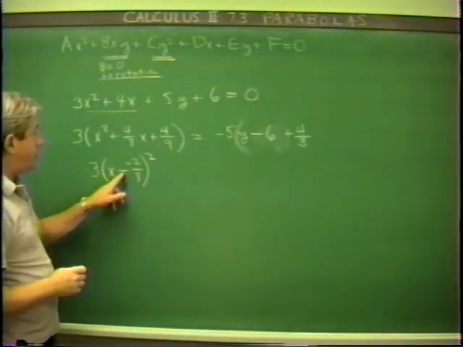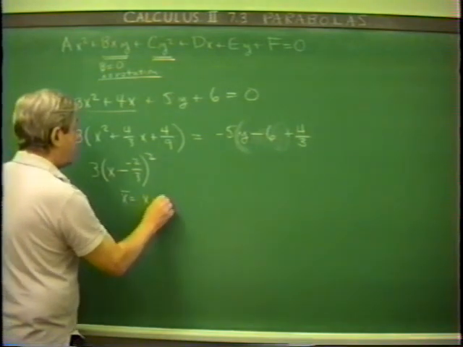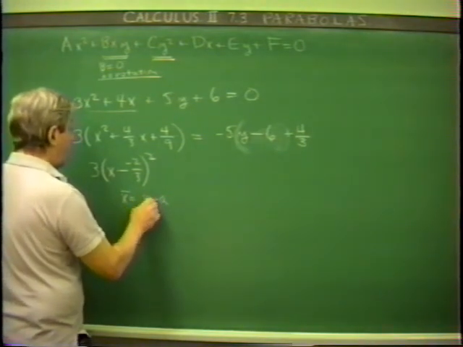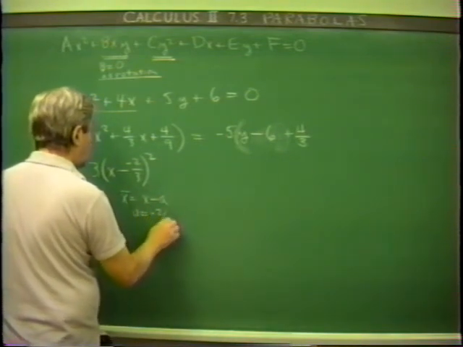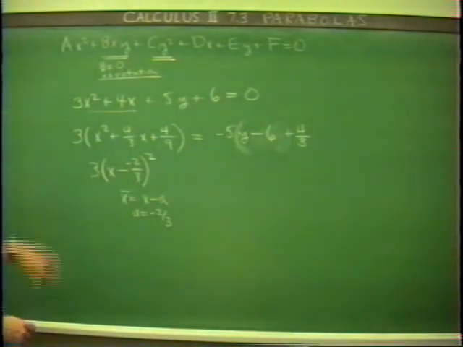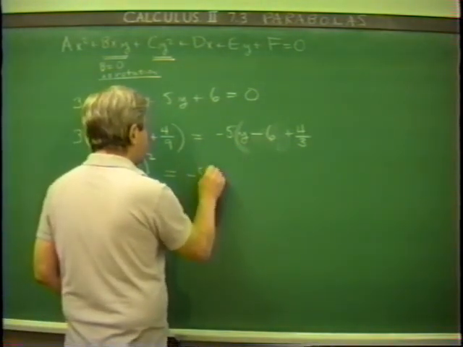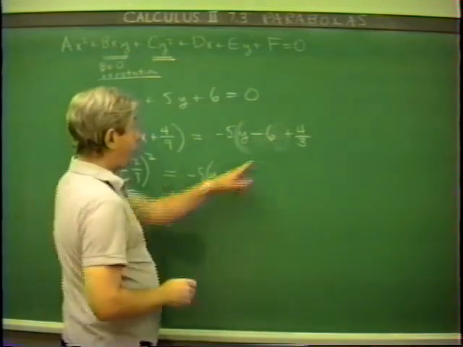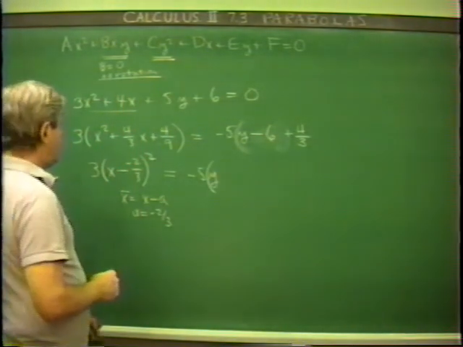For the purpose of translating, it's nice to write this as x minus a, because we're going to let x bar be equal to x minus a, where a is equal to minus 2/3. This is going to be equal to minus 5y here. Now I want to include the constant with this.